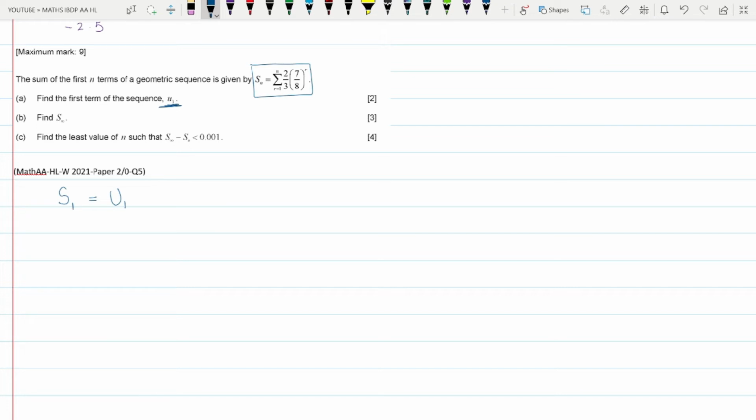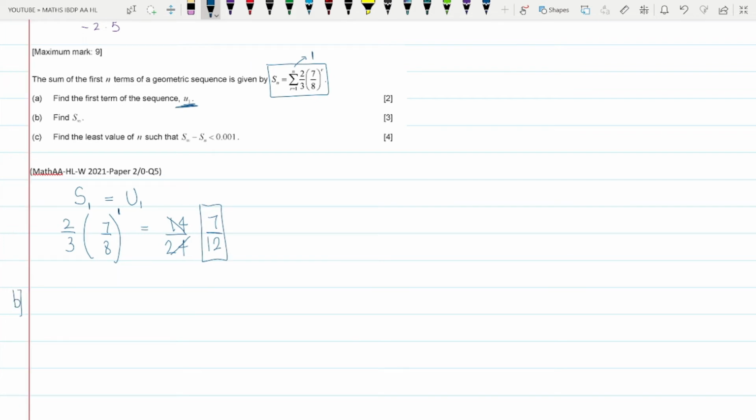So I'll simply take n as 1. 2 upon 3 times (7 upon 8) to the power 1. This will give me u1. So 2 times 7 is 14, 3 times 8 is 24, so the first term of the sequence is 7 upon 12.